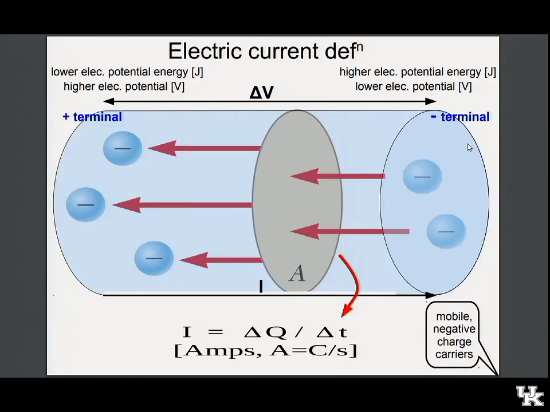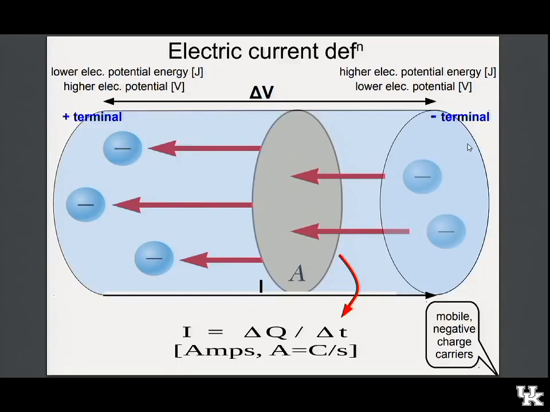For the electrons, negative charges, moving from the right to the left in this picture, that's like them rolling downhill. They're repelled by the negative end of the wire, and they're attracted to the positive end of the wire. They roll from lower electrical potential to higher electrical potential.